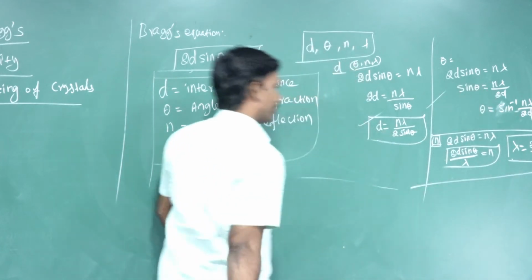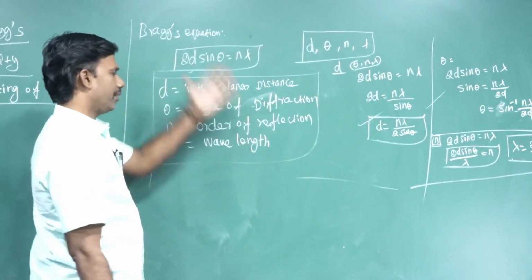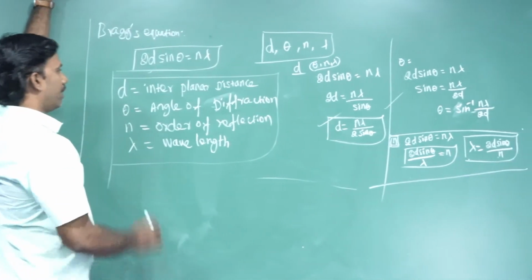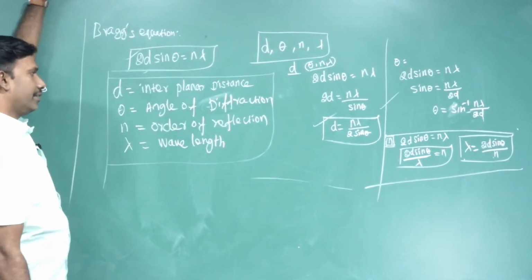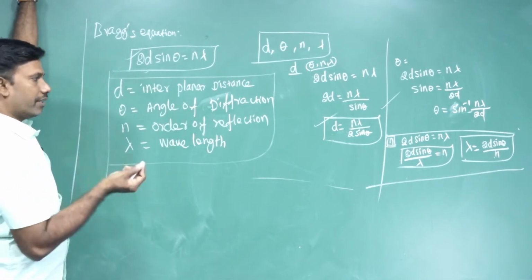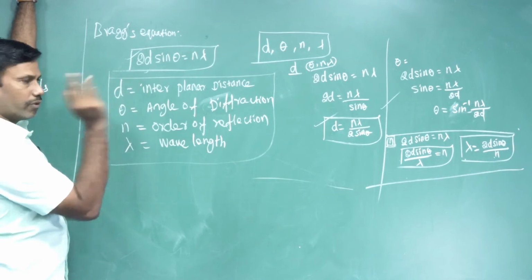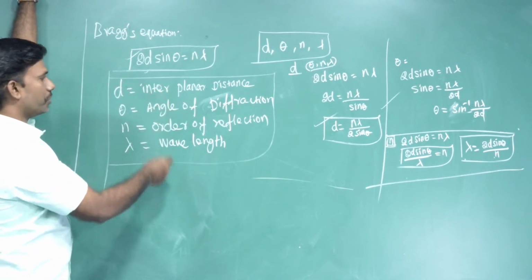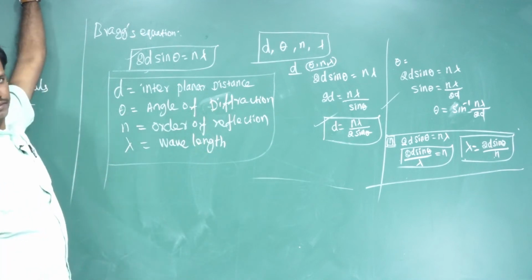Many problems are in the book and you can practice. Wherever you see them, write Bragg's equation first, then write the given data. After that, identify what you want. Among these four, one thing will be wanted. Write the solution and substitute, and you can get the answer.